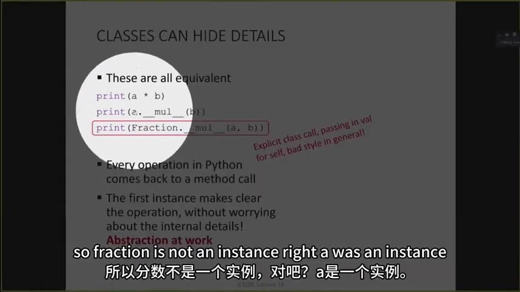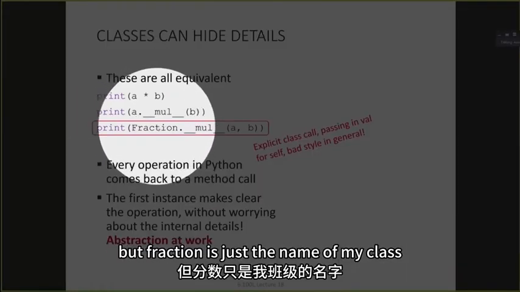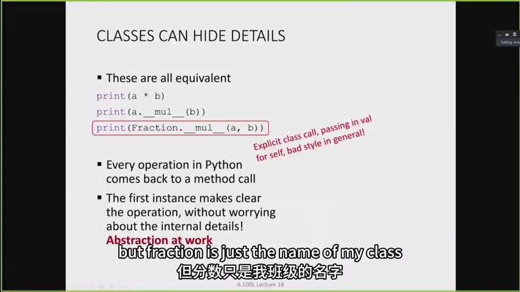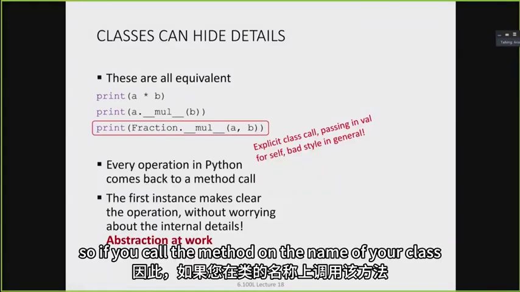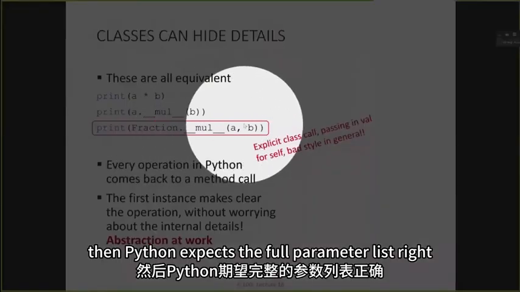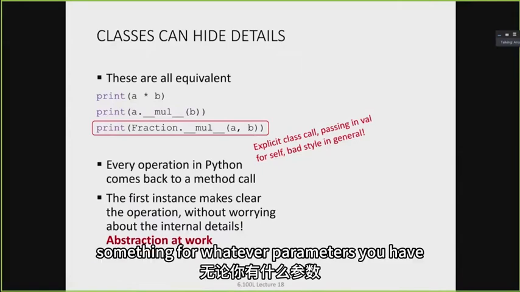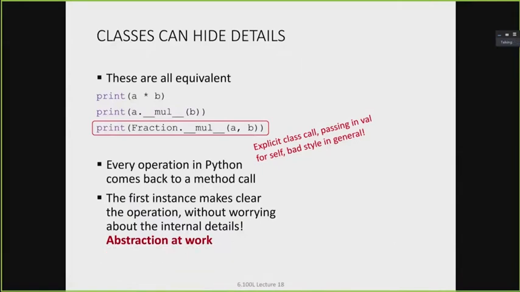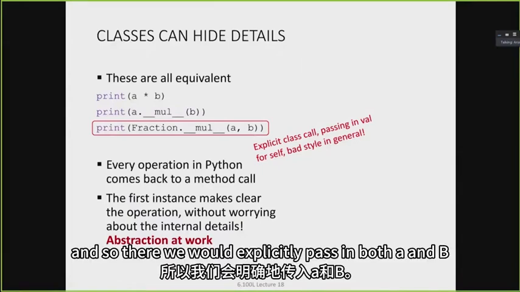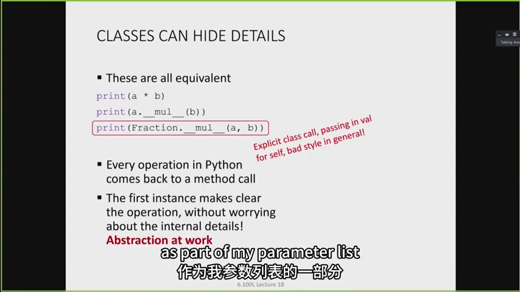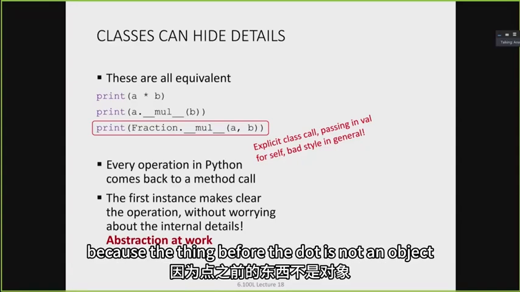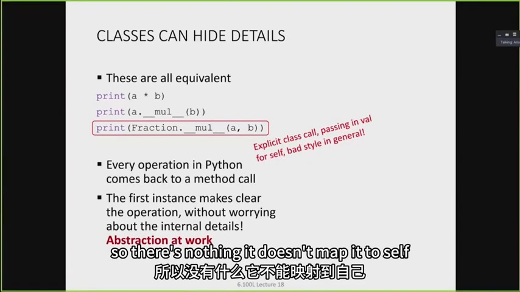A was an instance, an actual object that we created, but Fraction is just the name of my class. So if you call the method on the name of your class, then Python expects the full parameter list: something for self, something for other, something for whatever parameters you have. And so there we would explicitly pass in both A and B as part of my parameter list, because the thing before the dot is not an object, so it doesn't map it to self.